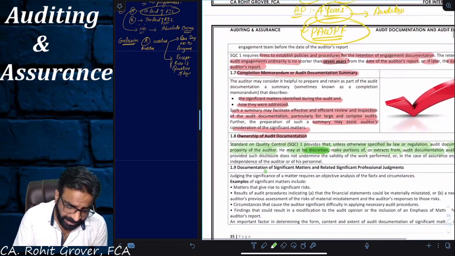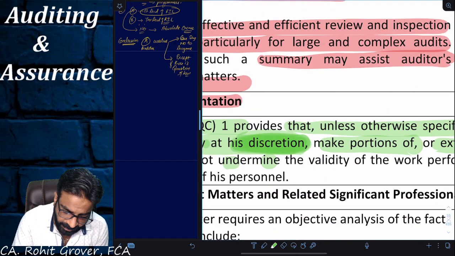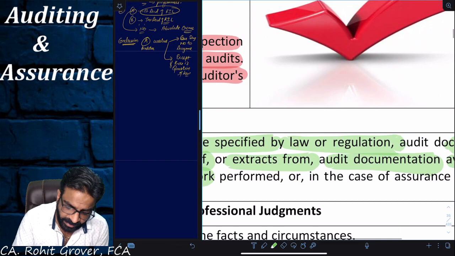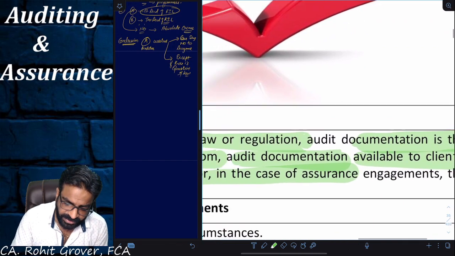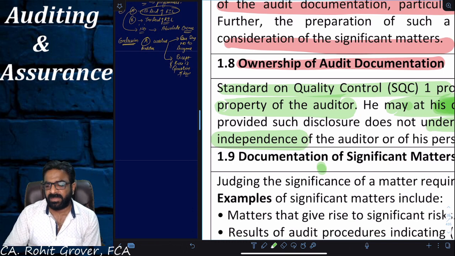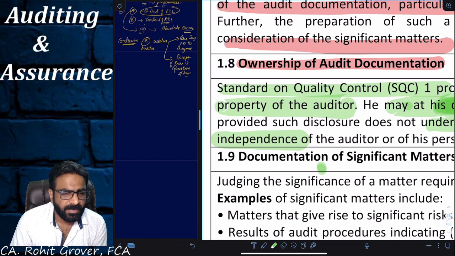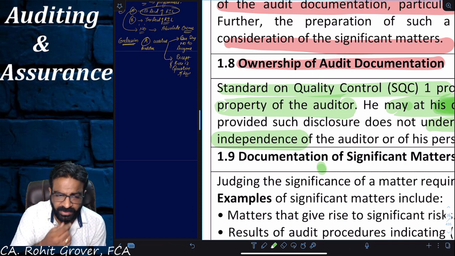Yes. Provided such a disclosure does not undermine the validity of the work in the case of assurance or engagement, or independence. Tell me one thing, everyone. Is there any possibility that by mistake you may leak the confidential information of your client or not? At that point of time, whether you will be punished under the law or not?